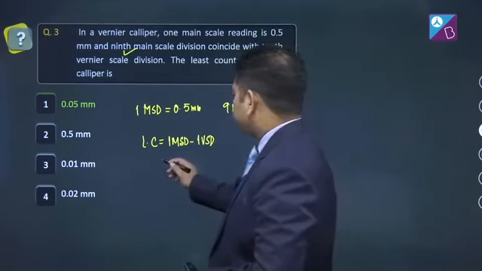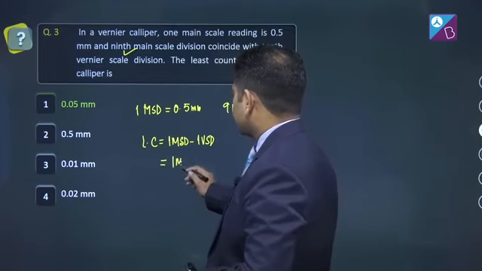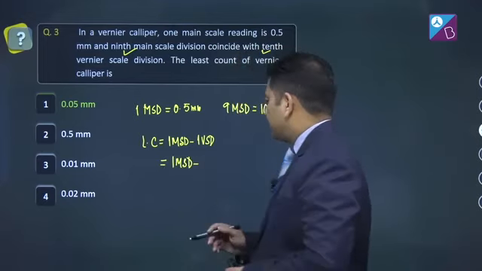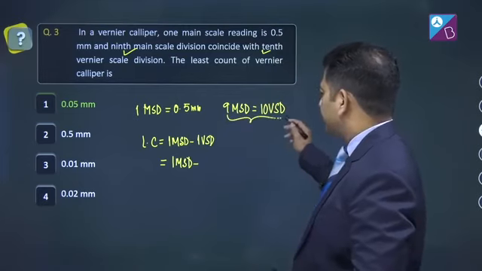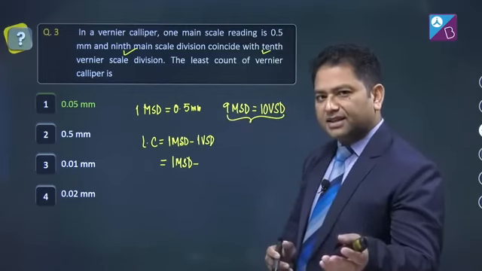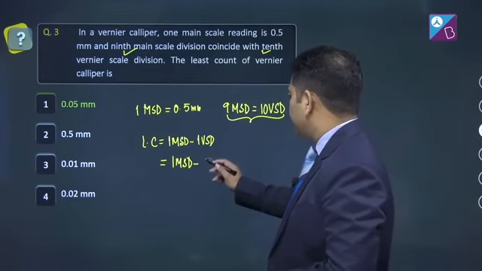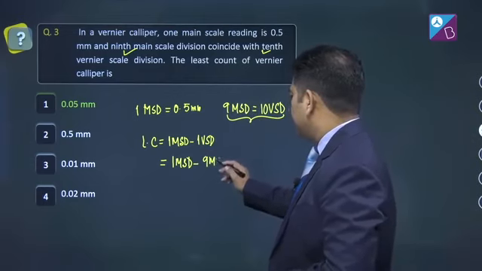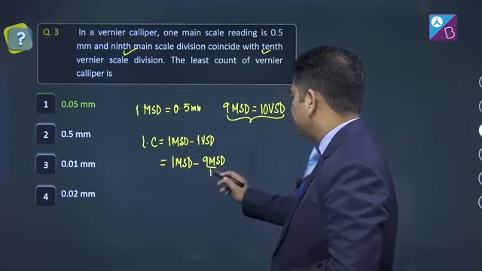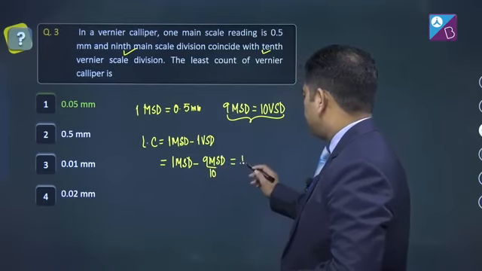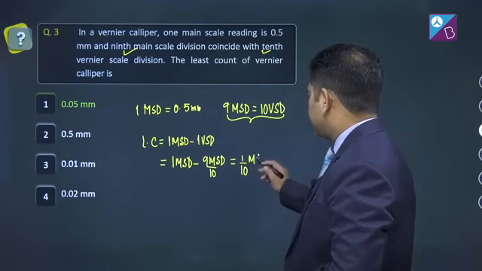With the help of this expression, I can relate VSD to MSD. If 10 VSD is 9 MSD, 1 VSD will be 9 MSD divided by 10, and this comes out to be 1 by 10 MSD.